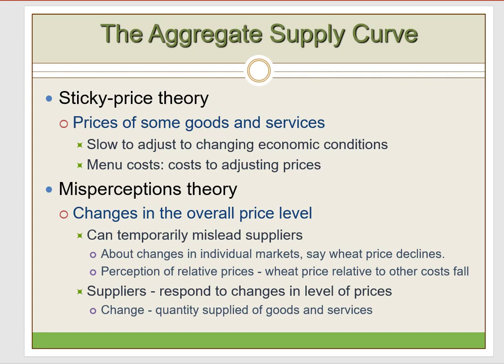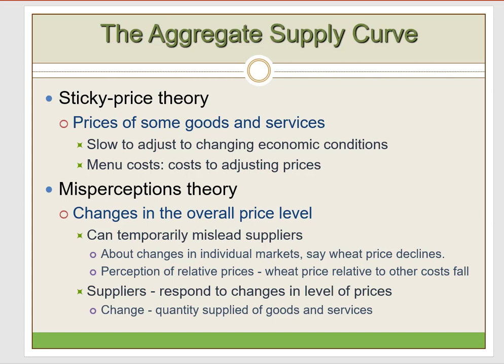Now, it turns out, this theory suggests that not all producers follow this sort of wise thinking, basically. They are just concerned with their product prices. They would be only concerned with the wheat prices in this case.